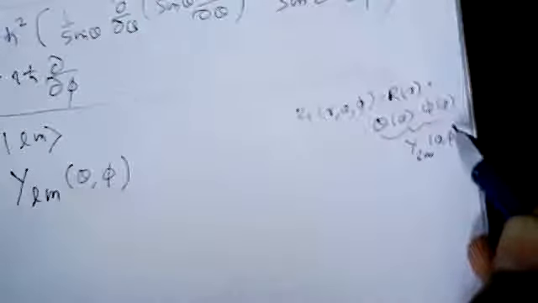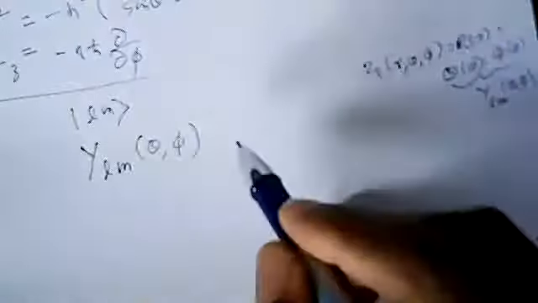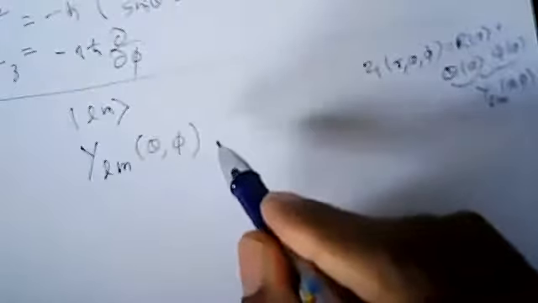These theta and phi parts of the wave function together we can call Y_lm theta phi. It has a special name, which I will explain later: spherical harmonics.